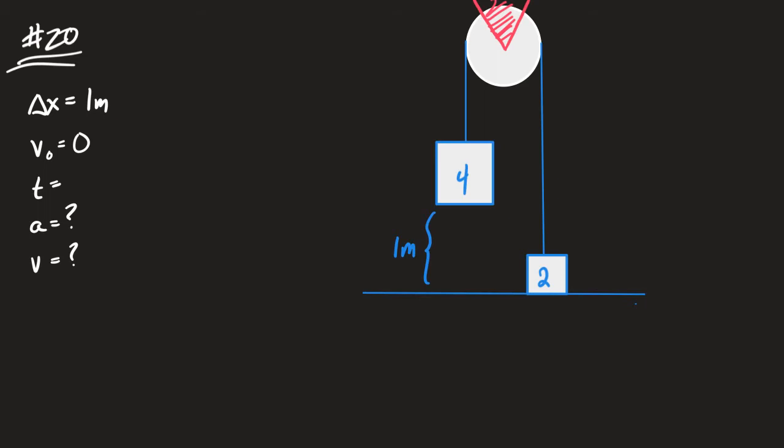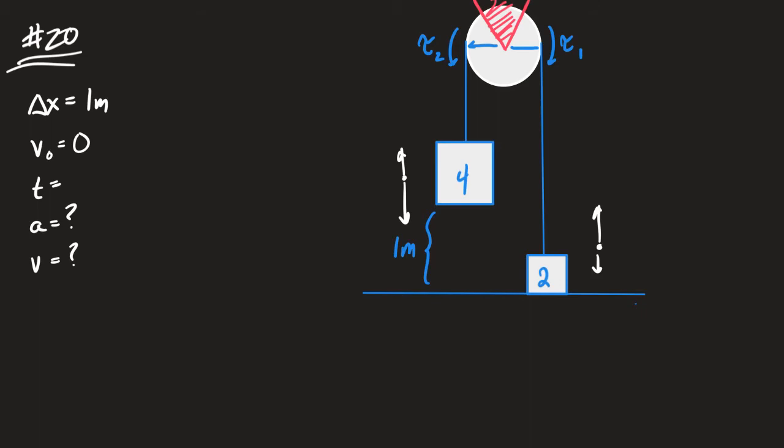Forces, because Melissa asked. So when I look at forces, I have to look at each object individually. I see 2 torques act on the pulley. I see 2 forces act on the 2 kilogram mass and 2 forces act on the 4 kilogram mass.